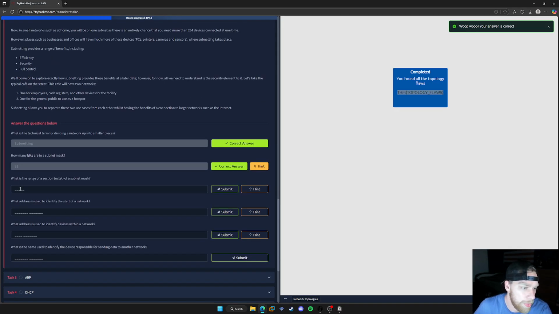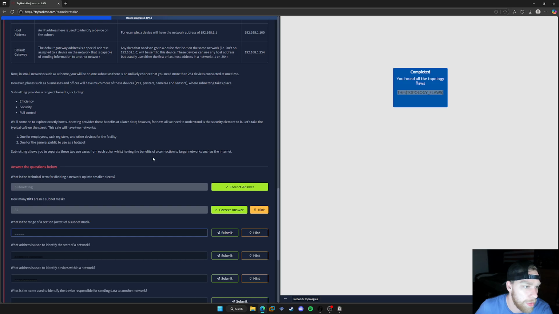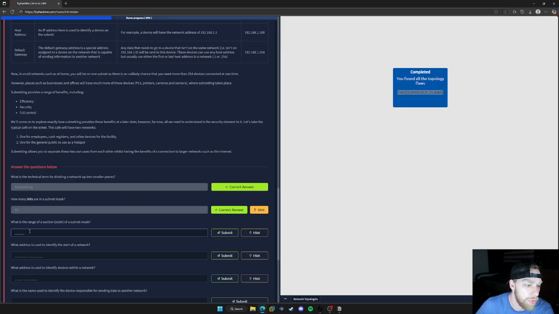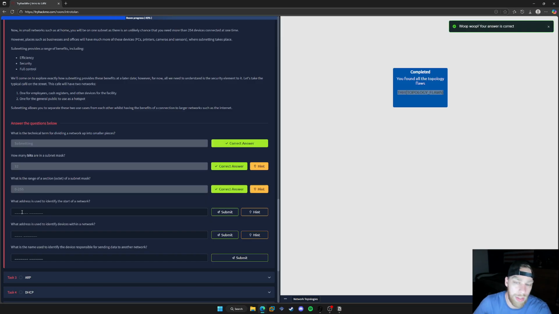Okay. What is the range of an octet of a subnet mask? For this, this is 0 to 255. Like I said, you got to take off the 2 because you have 0 and 255.